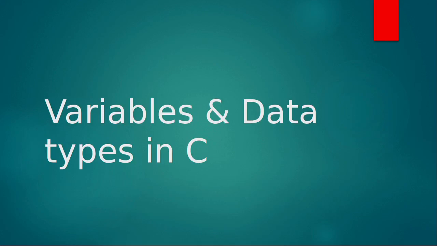Thank you very much. So we've started a series on learning how to program in C. The last time we looked at the compilation process of a C program. Today we want to dive deeper. We want to continue learning the basics, the foundation of C programming.